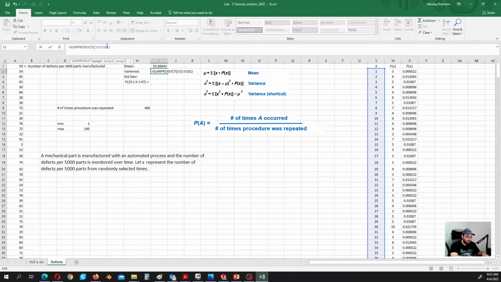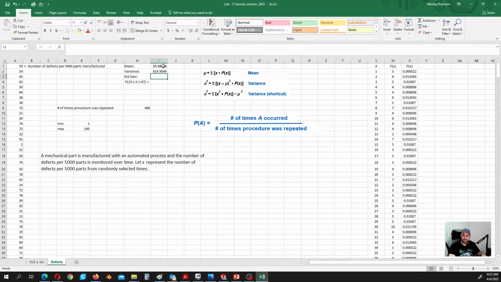Okay, and this is squared and multiplied by our probabilities from x2 to x101. Okay, and then minus mean squared. Perfect. Okay, then standard deviation is just a square root of that.